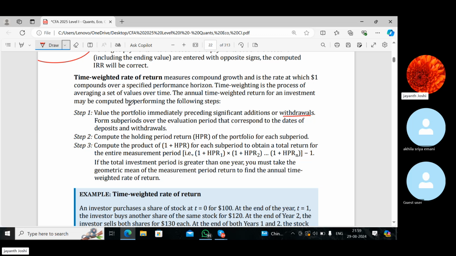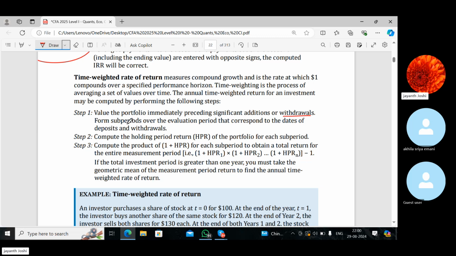That means before you are adding some extra amount or extra stocks to your portfolio, or you are withdrawing some stocks and selling them from your portfolio, before any addition or withdrawal, you need to first value the portfolio.